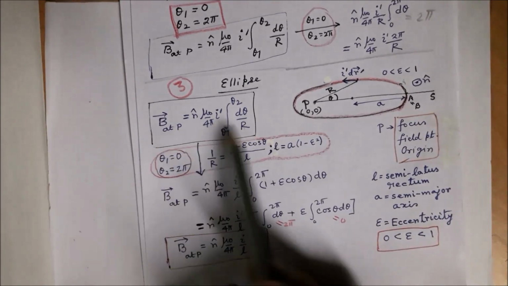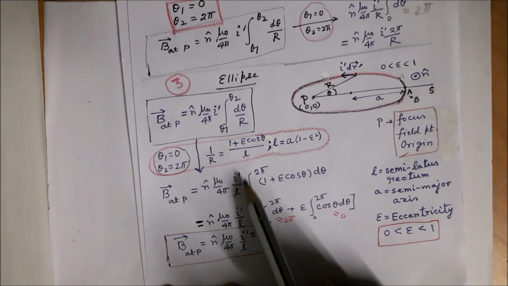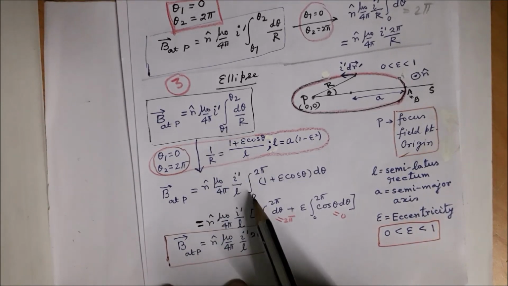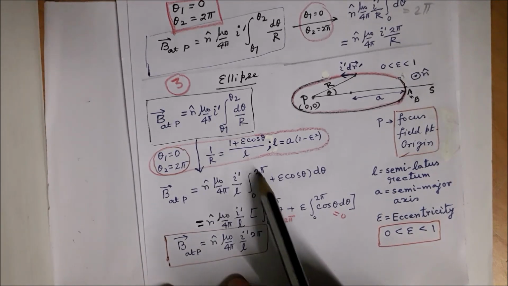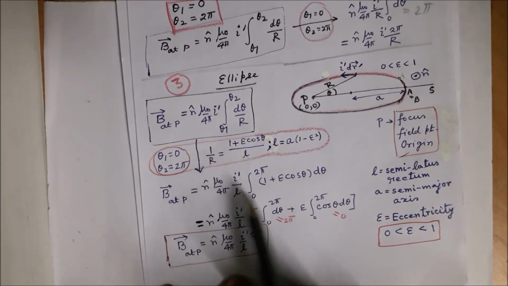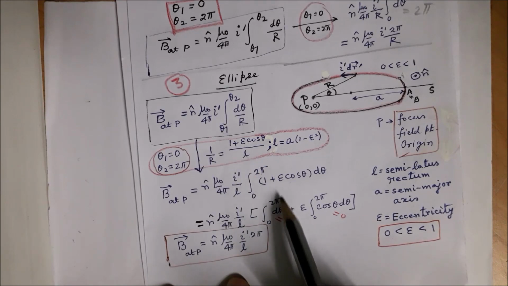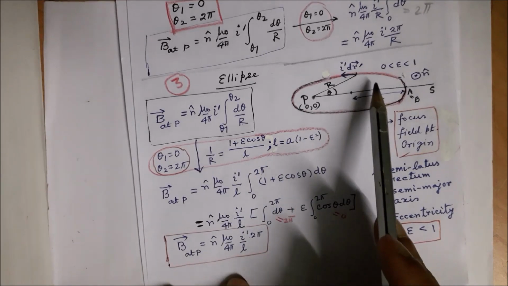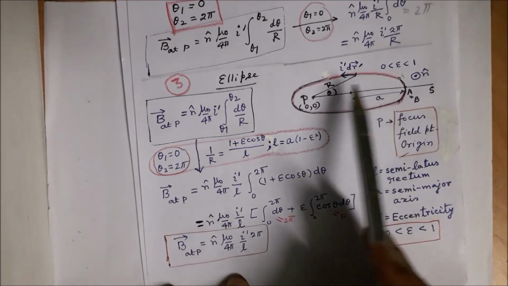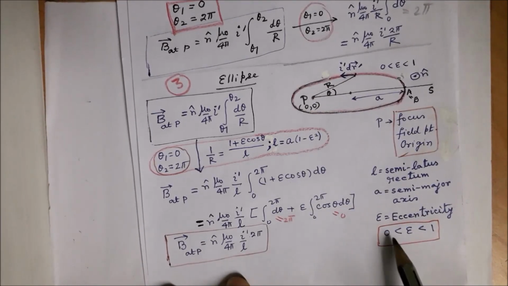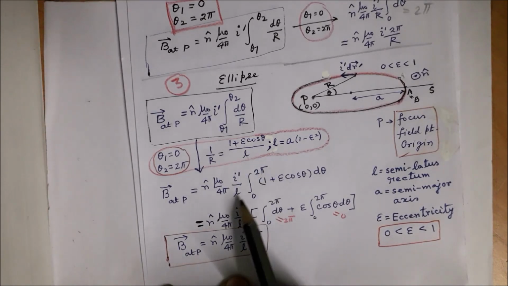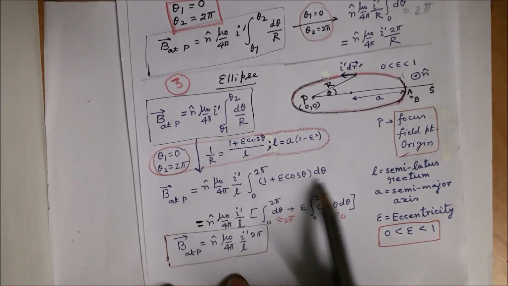So this formula with these substitutions takes this form, where instead of theta 1 we have 0, instead of theta 2 we have 2 pi, and instead of 1 by r we have 1 plus epsilon cos theta by L. Now L being a constant for a particular ellipse, and epsilon a particular value lying between 0 and 1, it can be taken outside the integral sign, and therefore we have this integral.